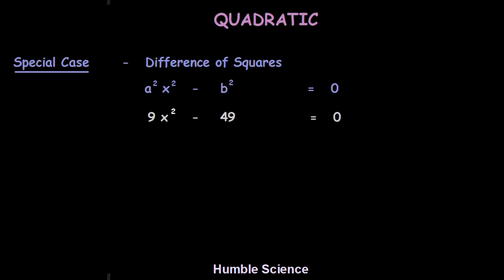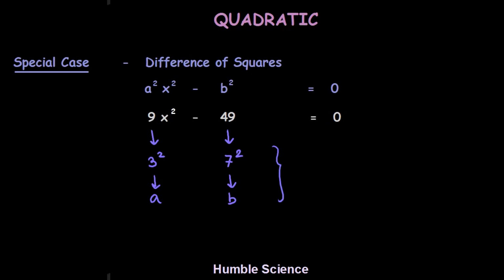Here we have 9x squared minus 49 equal to 0. We can split this by factoring. It's going to be 3x plus 7 times 3x minus 7 equal to 0. Or we may notice that this is a difference of squares, which means 9 is equal to 3 squared, so a is equal to 3, and 49 is 7 squared, so b is equal to 7.